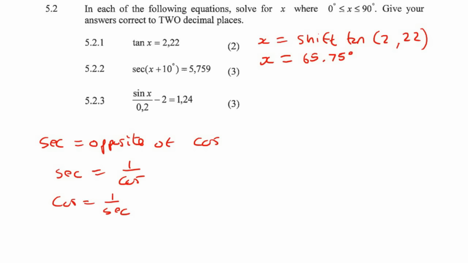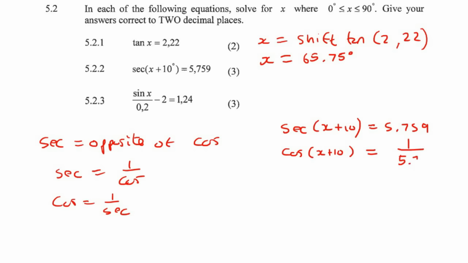So I'm going to say sec of x plus 10, okay, I'm just writing down the equation, equals 5.759. So then we can say cos of x plus 10 equals 1 over 5.759. Okay, and so now we are in a good position.